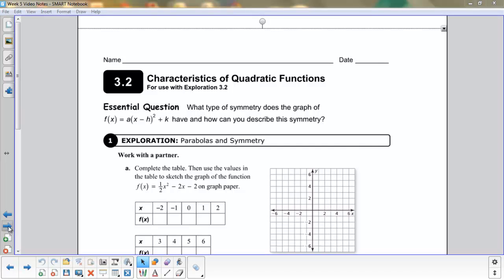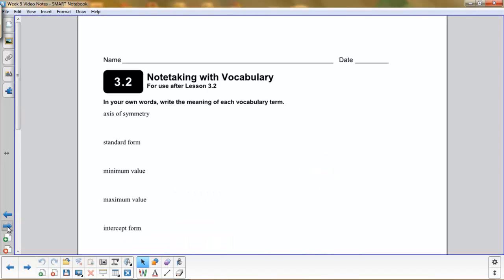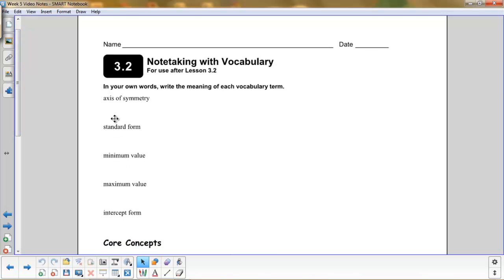So save exploration 1 and exploration 2 for warm-up tomorrow, and go ahead and fill in your own words what each one of these is. We're talking about axis of symmetry, standard form of a quadratic, the minimum value, the maximum value, and intercept form. I guess intercept form would be the only one new to you, so let's fill that in right now.